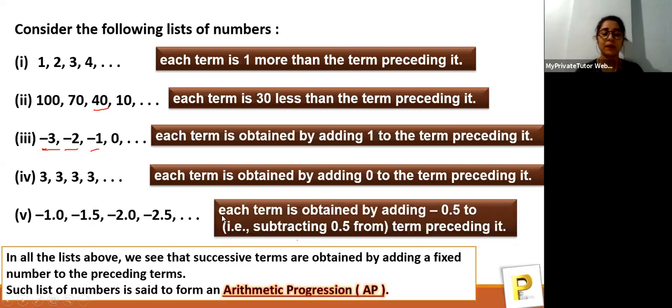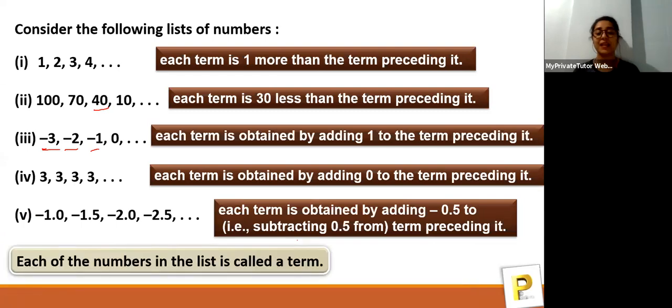The next number we have is obtained by adding -0.5, and that is absolutely correct. That is subtracting 0.5. So -1 minus 0.5 gives -1.5. -1.5 minus 0.5 gives -2. -2 minus 0.5 gives -2.5.